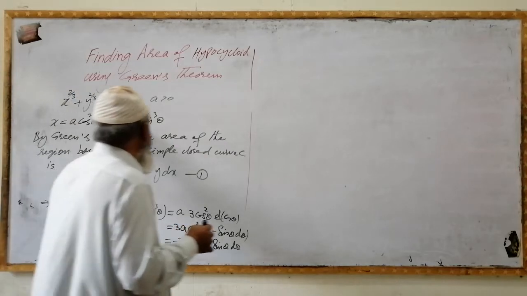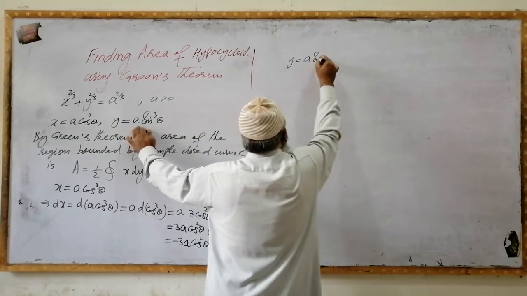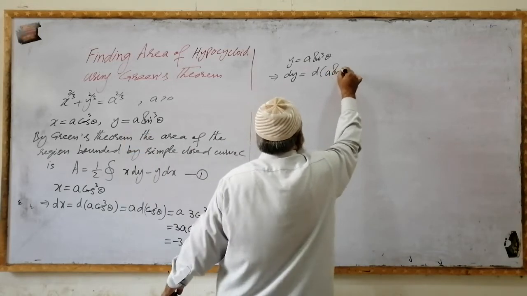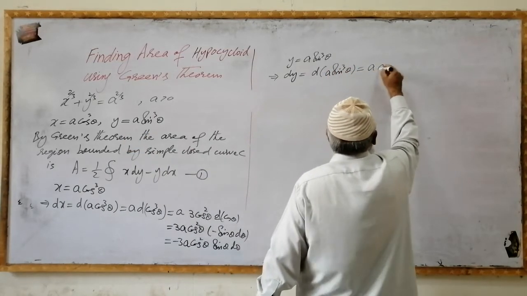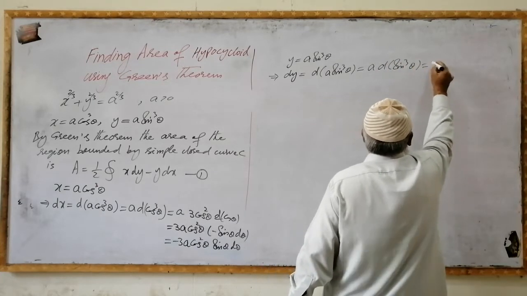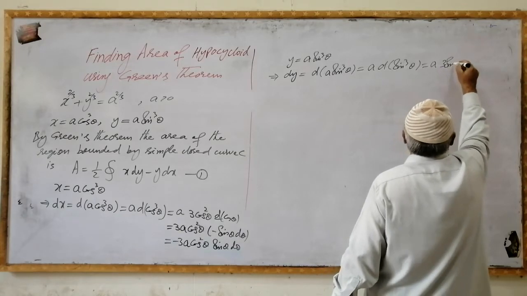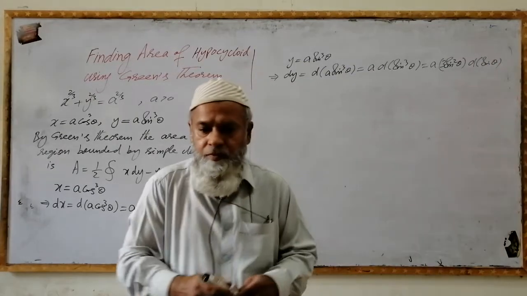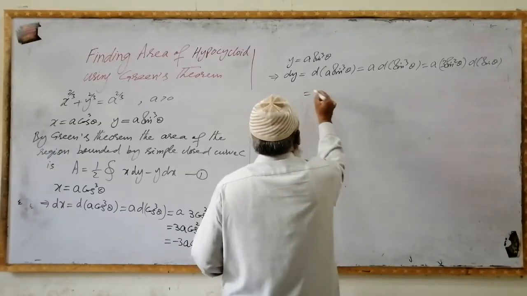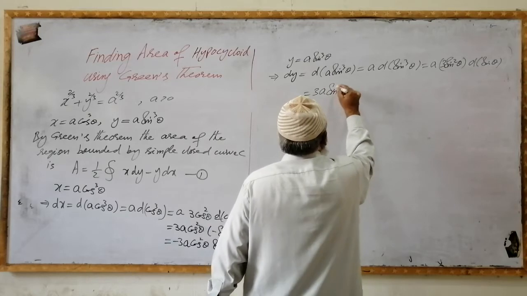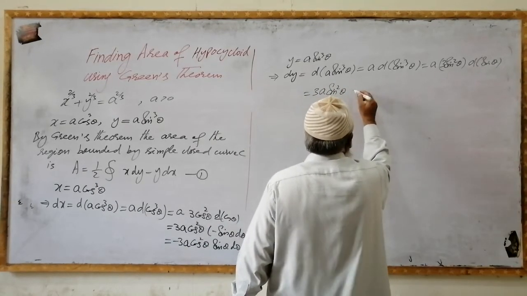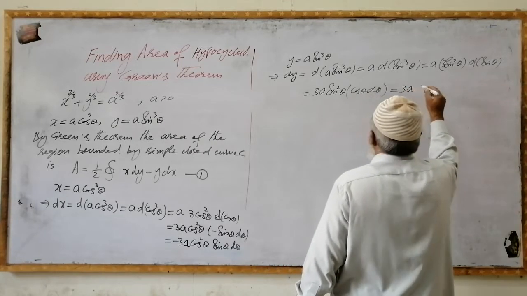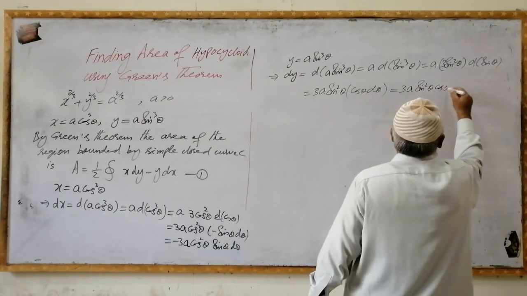Similarly, using this value of y is equal to a sin cube theta, and taking its differential dy, differential of a sin cube theta, this will give us a differential of sin cube theta, this will give us 3 sin square theta into differential of sin theta, and finally this gives us 3a sin square theta, and differential of sin theta is basically cos theta d theta, and ultimately we have 3a sin square theta cos theta d theta.